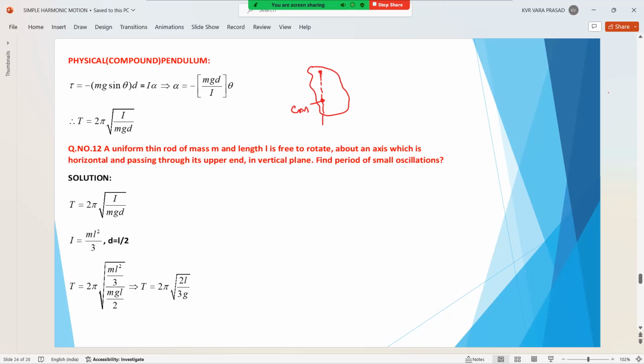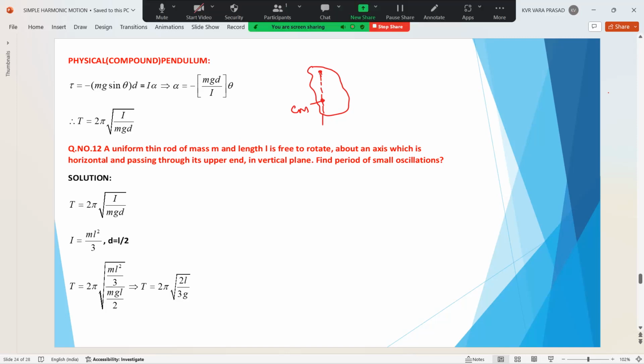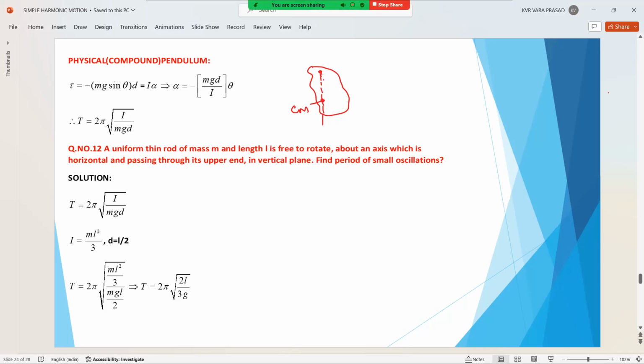So we are taking a rigid body. It can be any shape. It is free to oscillate in a vertical plane, and the axis of rotation is horizontal. Now displace this body, or you can say rotate the body through a small angle theta.